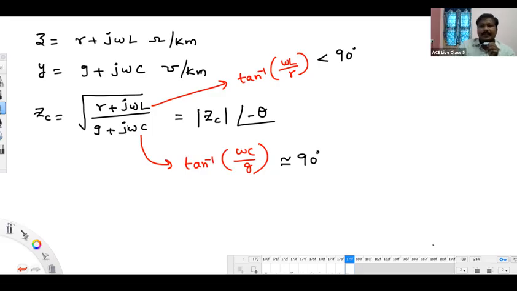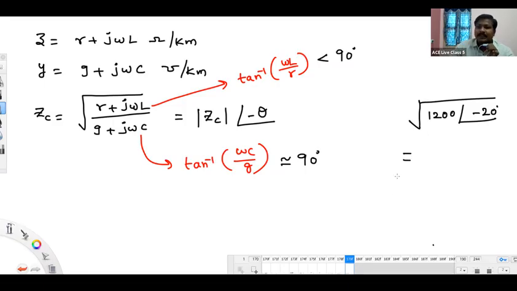For example, if I have a term like the square root of 1200 at an angle of minus 20 degrees, how do we calculate that square root? We take the square root of the magnitude and halve the angle.